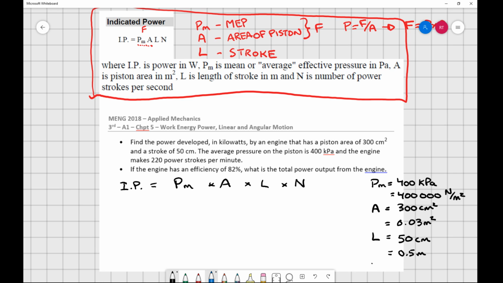And I have N, which is number of power strokes per second. So it says 220 per minute times 1 minute per 60 seconds.